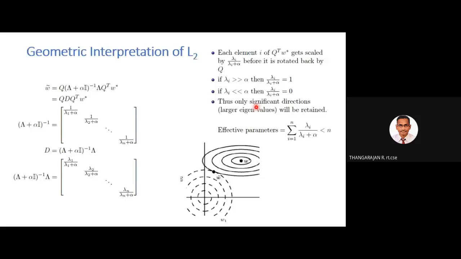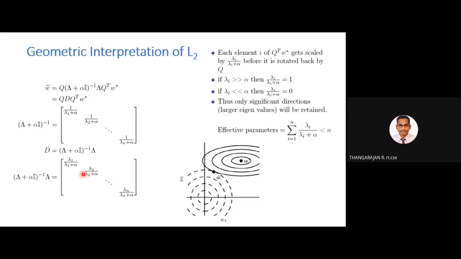Eigenvalue means some features are prominent and some features are not prominent. Prominent features will have a higher lambda value, and features which are not prominent will have a smaller lambda value. If lambda is much bigger than alpha, this term will be almost equal to 1, because alpha is much smaller than lambda. If lambda is much smaller than alpha, this term will be 0.